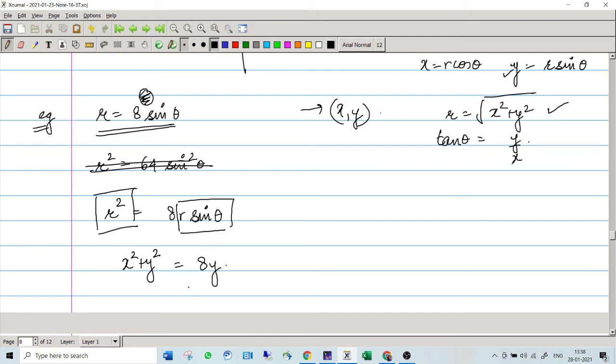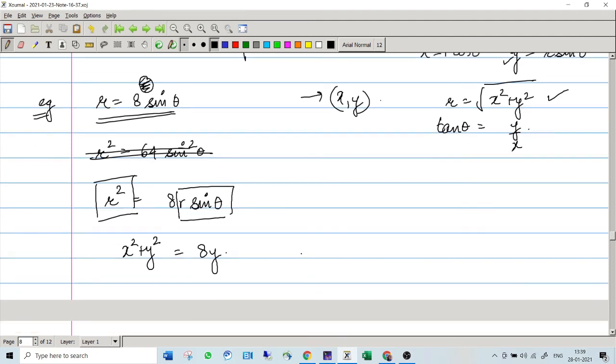Right? And as soon as we have something like this, we can always use the completing the square method to check what sort of graph it will show. So the equation which you have is this. You can write x square plus y square minus 8y equal to 0.